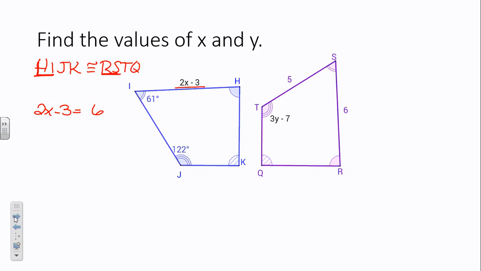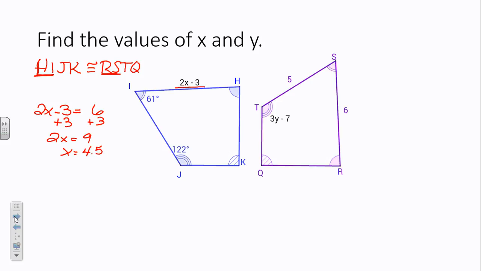Now we've got an equation, we're going to solve it. This segment, because they're the first two listed, is the same as that segment, so we set them equal. Because when we take the 3 to the other side, we add it, and 2x equals 9, so x is 4.5.